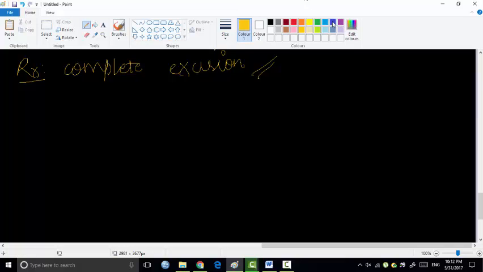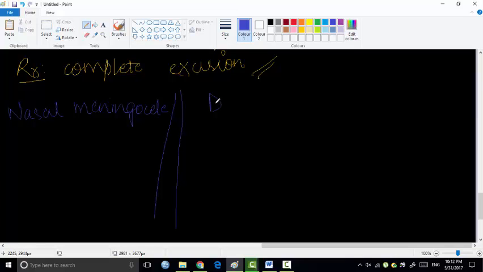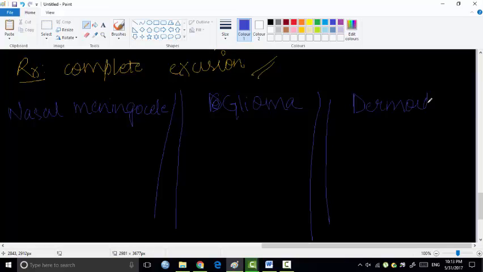But the most important thing which you have to see is the differences between nasal meningocele, glioma first, let's go in the same order so as not to confuse ourselves, and then dermoid cyst, right? What are the differences between them? Because all these are swellings which look alike.